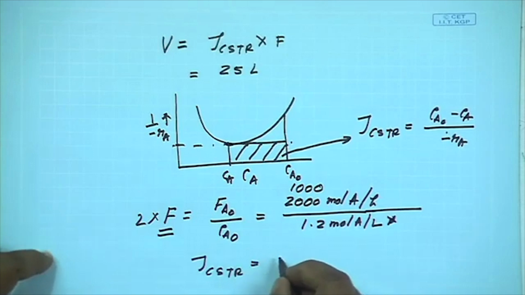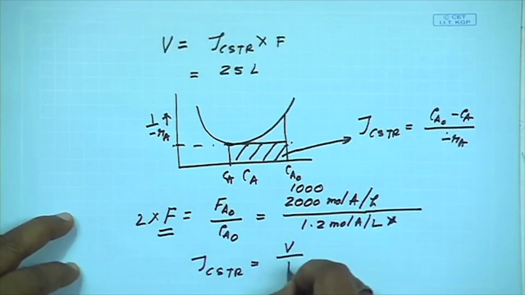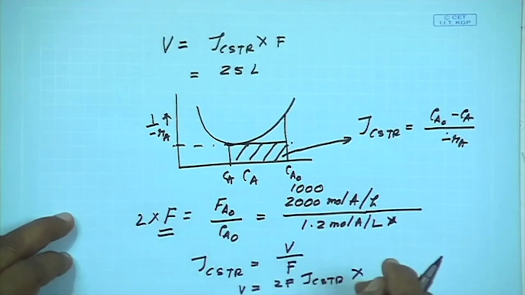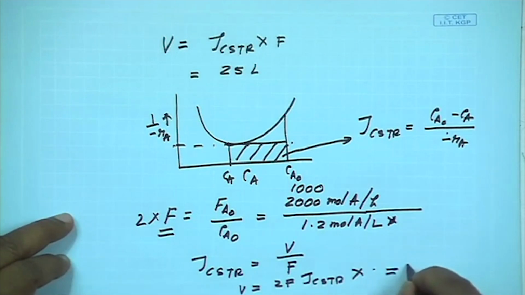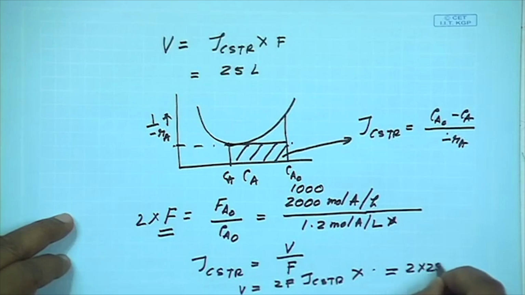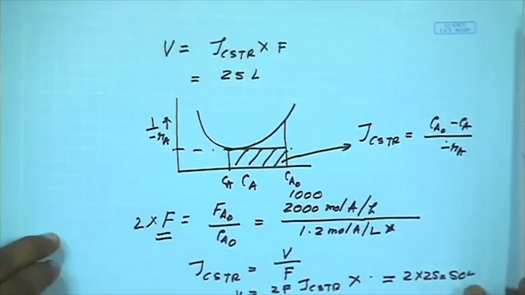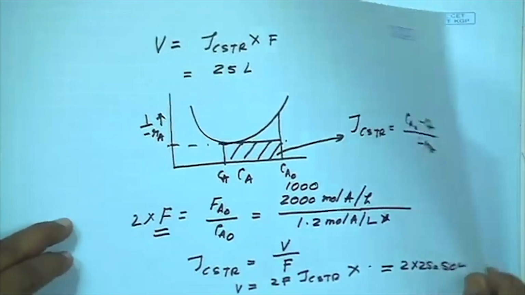Then, with tau CSTR equal to V by F, V will be 2F into tau CSTR. So, if you double the feed, previously it was 25 liters, now it will be 2 into 25 liters, that is 50 liters. So, we can easily calculate the volume of that mixed flow reactor.